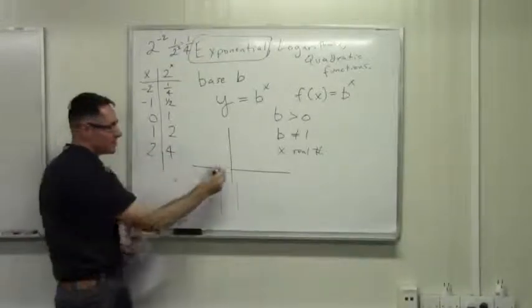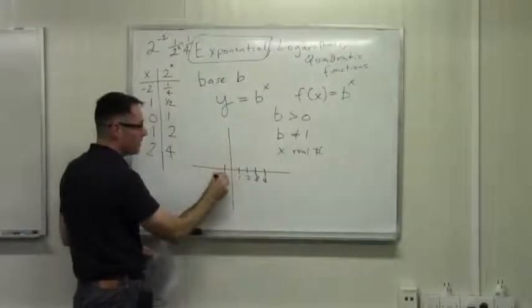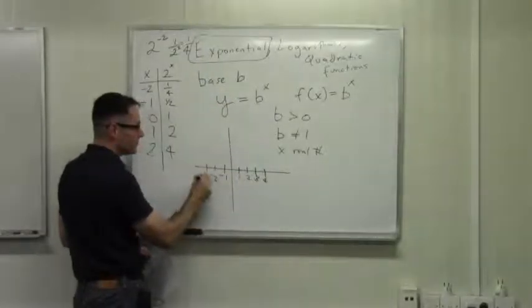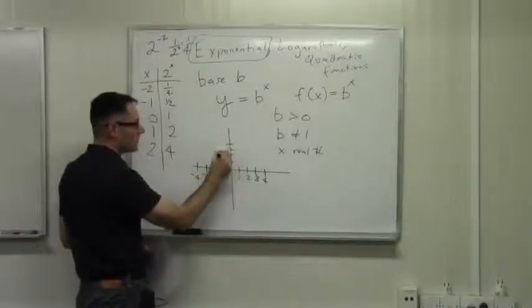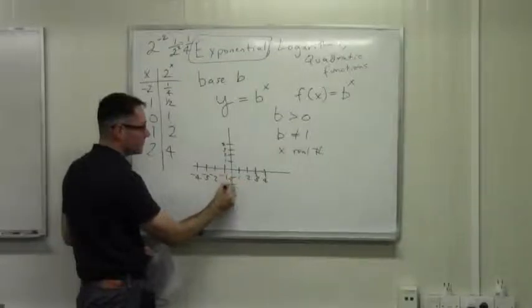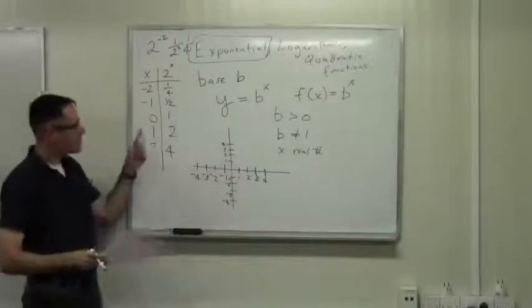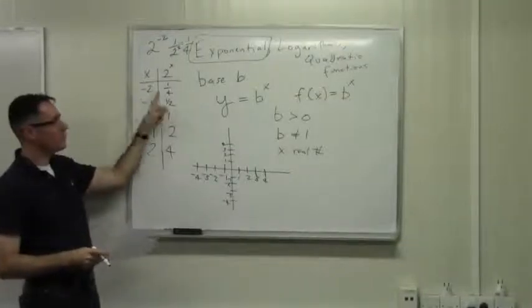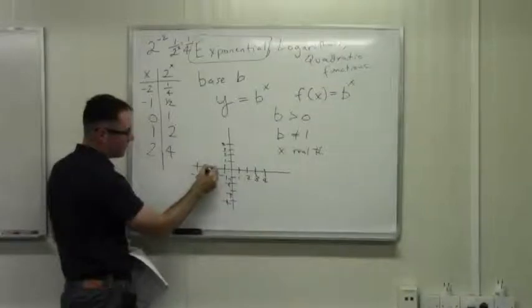Let's graph this. 1, 2, 3, 4, -1, -2, -3, -4 on each axis. So let's see. At x equals -2, y is 1/4.